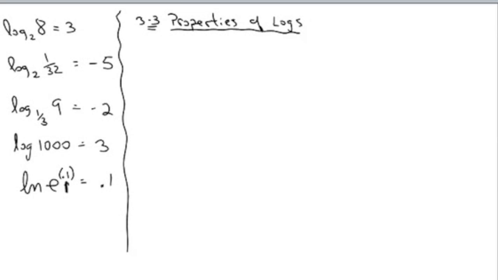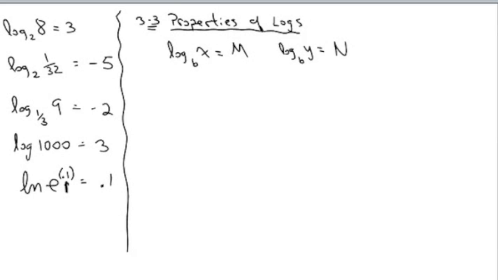So let's start off with, how do I want to start this? Let me think for a second. Log base b of x is equal to m, and log base b of y is equal to n.